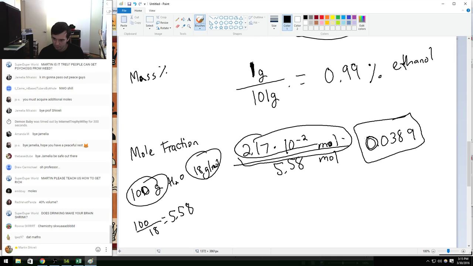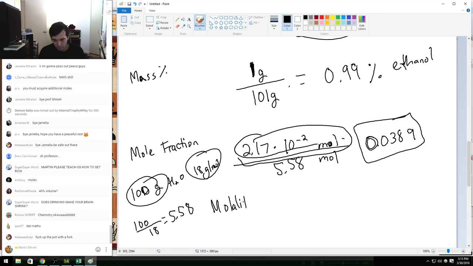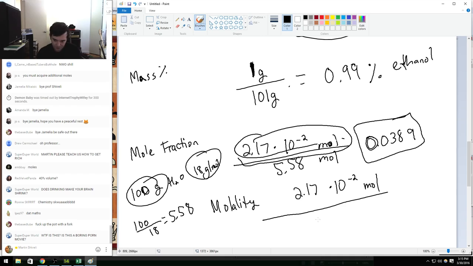0.0389, the mole fraction. And finally, we have molality. Molality is easy because it's just moles, but instead of liters as in molarity, we have kilograms. And we know that this is 0.1 kilograms because it was 100 grams, right? Notice in molality, just like in molarity, we don't adjust the solution, it's just the solvent.